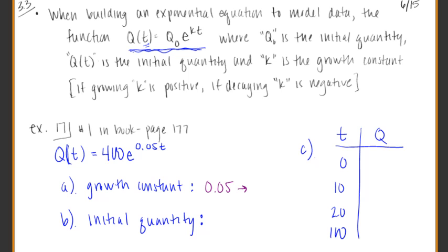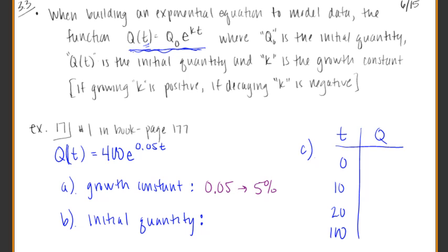If we wanted to convert that to a percentage, you just move the decimal 2 spots to the right. All it says is that t is measured in minutes, so it doesn't give us much information, but whatever this quantity is, it's growing at a rate of 5% per minute.